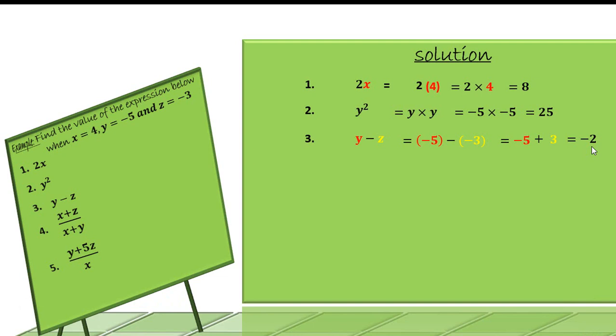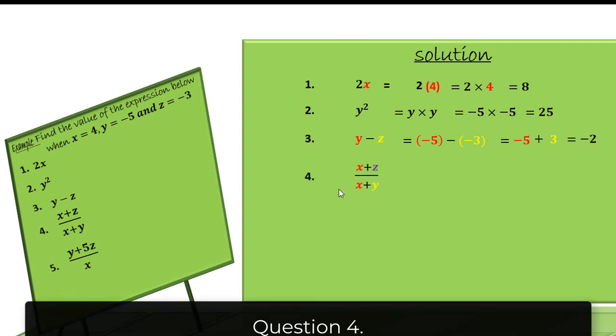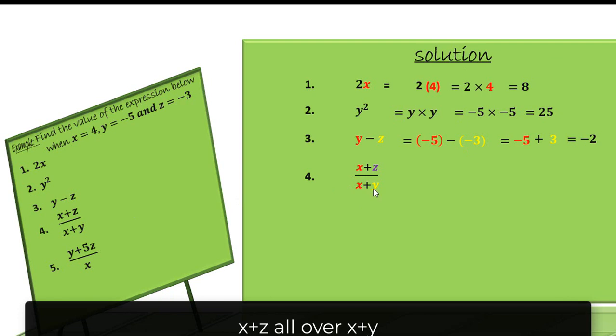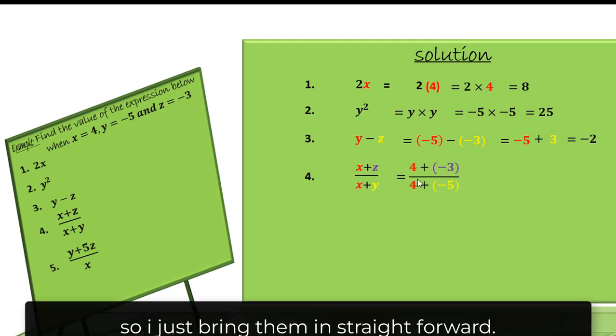Question 4. Question 4 says x plus z over x plus y. So, when x equals 4, and y equals minus 5, and z equals minus 3. So, I just bring them in straightforward.